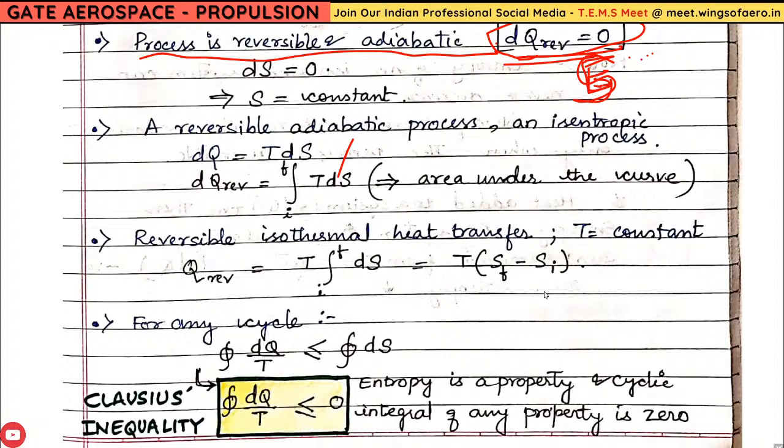So remember, whenever no heat is added, or in an adiabatic system, our entropy will be constant. This is an isentropic condition. Reversible and adiabatic means it is an isentropic condition.